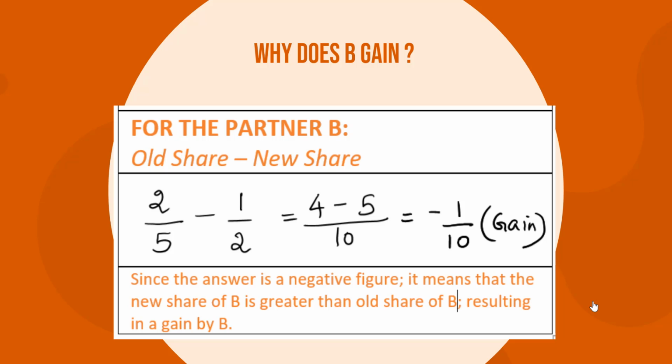So obviously this means that the new share is greater than the old share. So B has gained 1 by 10, and the total of the gain, which is B's 1 by 10, is equal to the total of the sacrifice, which is A's 1 by 10.